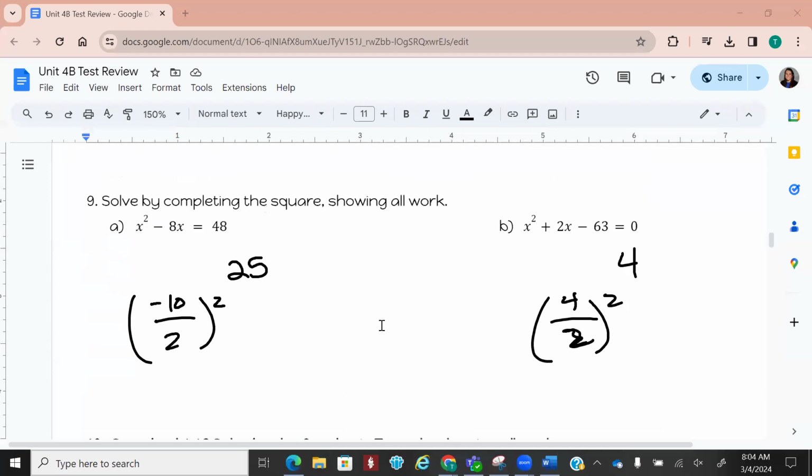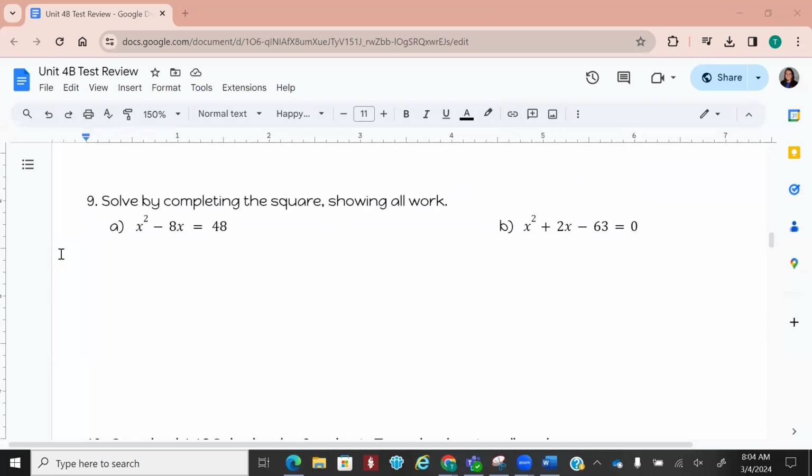All right. On 9, it actually says solve by completing the square. So we already moved the c term to the other side. We're going to take our b, divide it by 2, square it, and add it to both sides. So negative 8 divided by 2 and square it. That's going to be 16. So we add 16 to both sides.